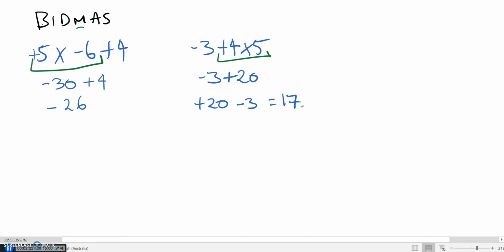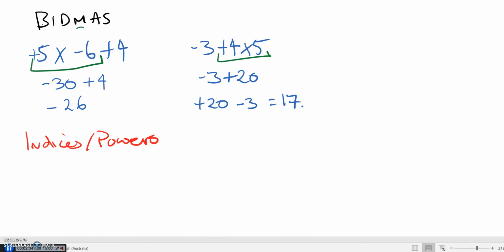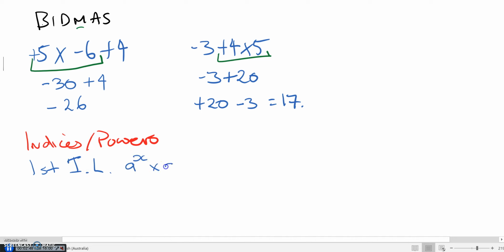When we're looking at indices slash powers, there are a couple of questions that pop up along those lines, and we need to make sure we're thinking about the index laws themselves. The first index law, I'll just write IL, is a to the x times a to the y.